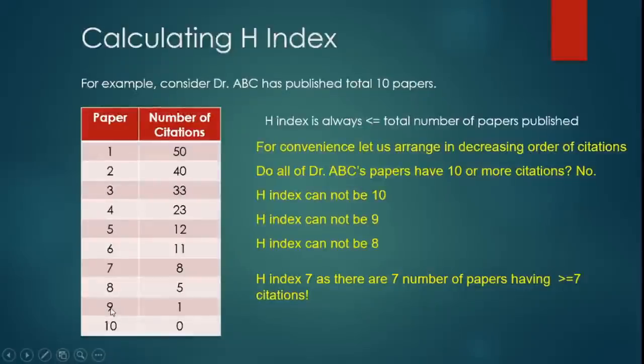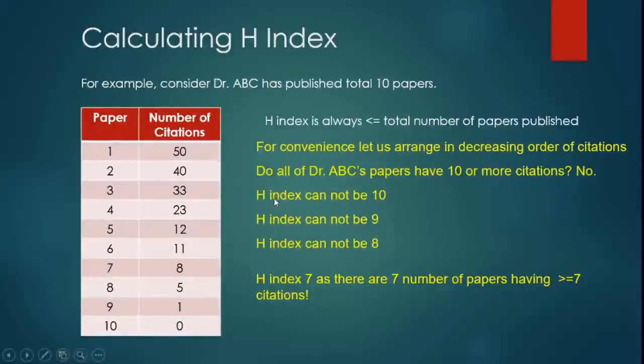It cannot be 9, because the 9th paper has only 1 citation. It cannot be 8 either, because the 8th paper has 5 citations. Now what about the 7th paper? The 7th paper has 8 citations and all other papers from 1 to 7 have citations of more than 7.